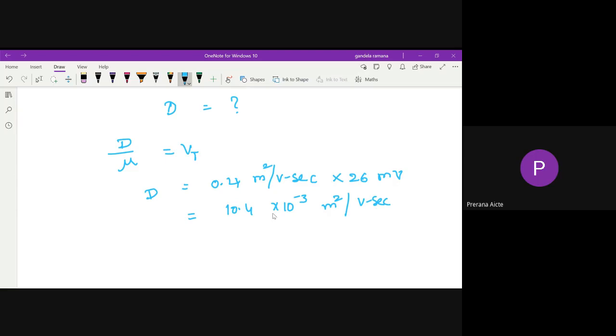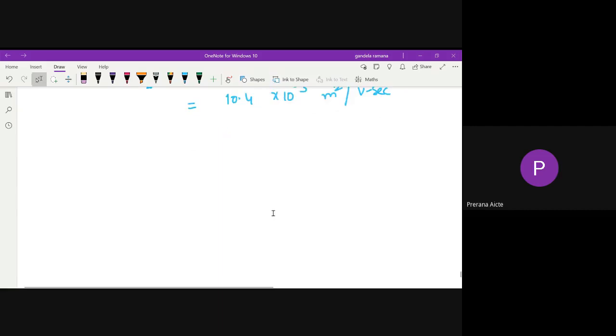In a similar manner, now we want to look at a GATE question from 1995.